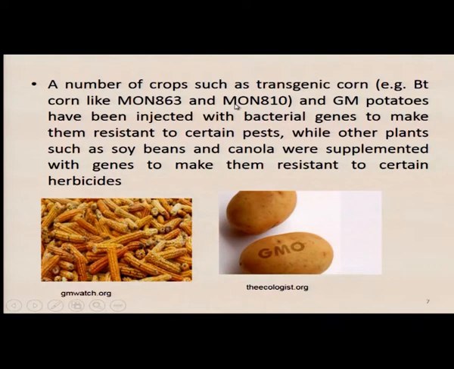A number of crops such as transgenic corn, for example Bt corn like MON 863 or MON 810, MON standing for Monsanto, the company which produced that, and genetically modified potatoes, have been injected with bacterial genes to make them resistant to certain pests, while other plants like soybeans and canola were supplemented with genes to make them resistant to certain herbicides.